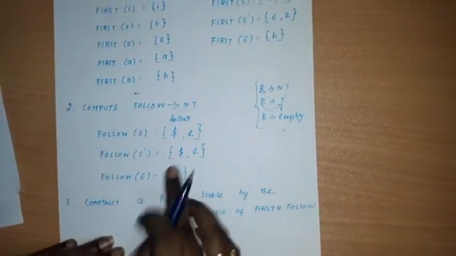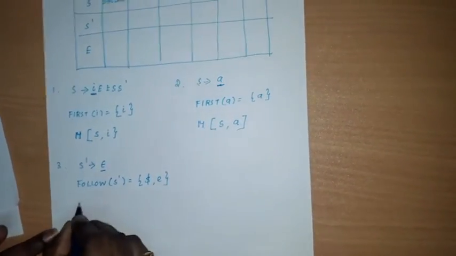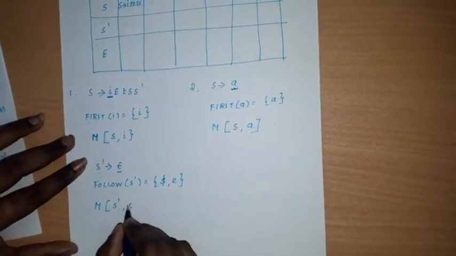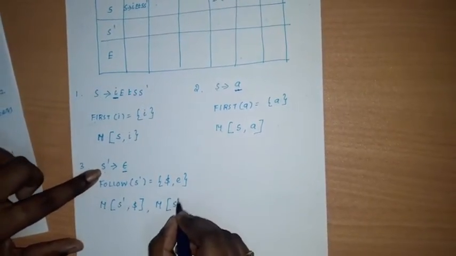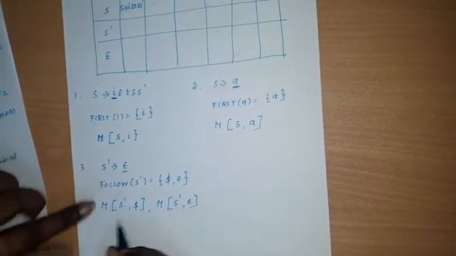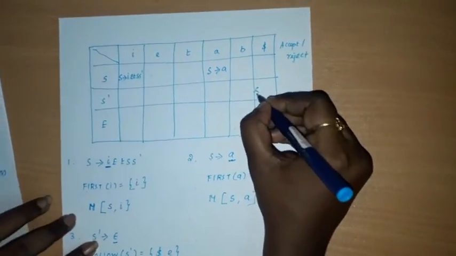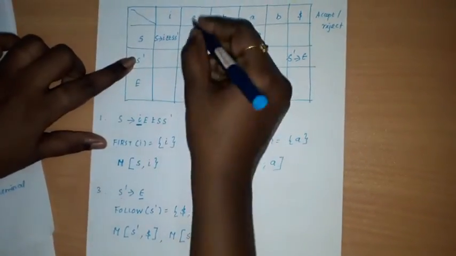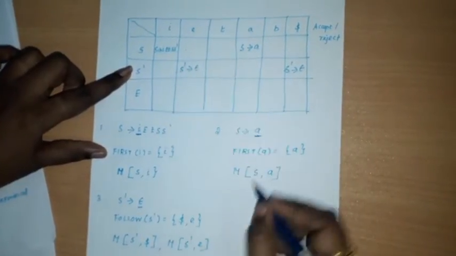We already found follow value of S' is dollar and e. So dollar, e, and making table entry of left hand symbol S' comma dollar. Second entry, making table entry of left hand side S' comma the result is e. So S', dollar, we have to write the production S' tends to epsilon. S', e, we have to write the production S' tends to epsilon.